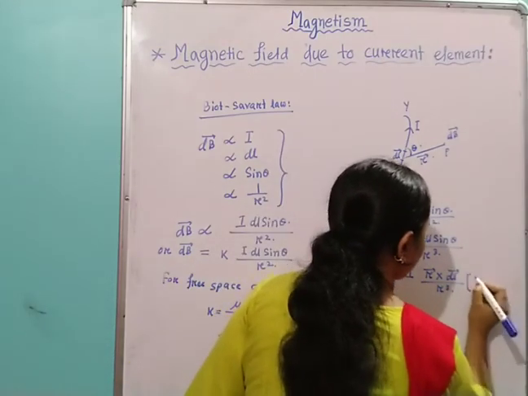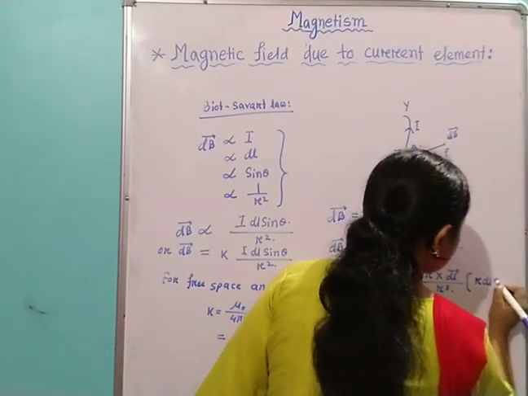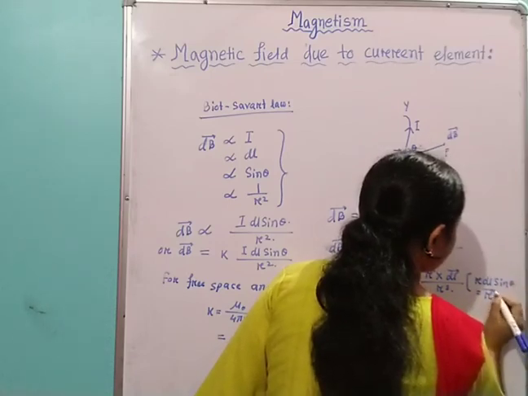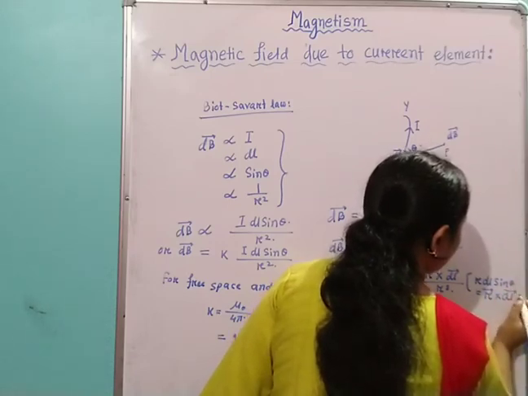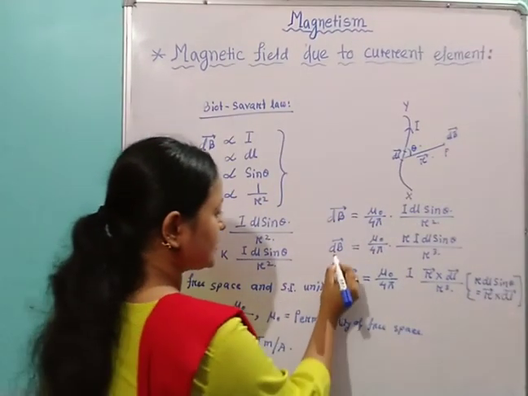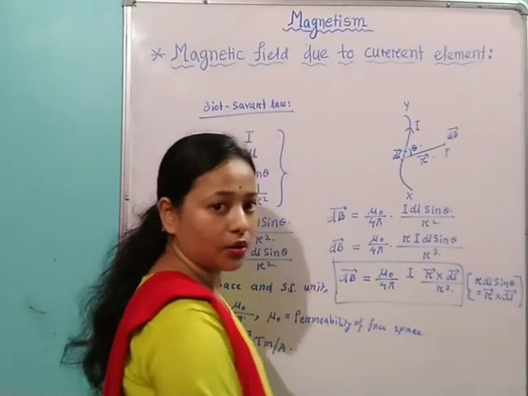That is, r dl sin theta is nothing but the magnitude of the cross product of the r vector and the dl vector. So this is the required expression of the Biot-Savart law.